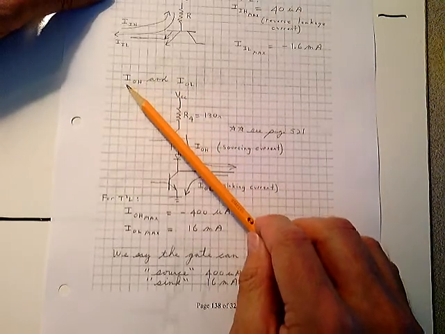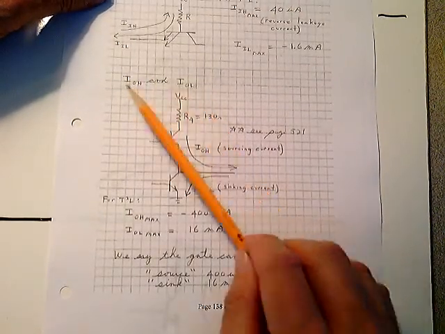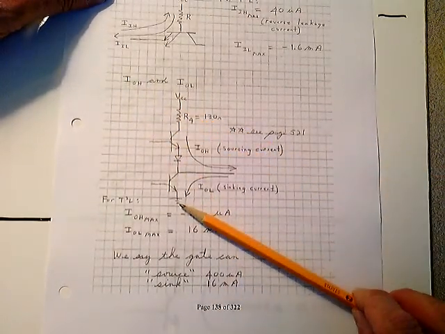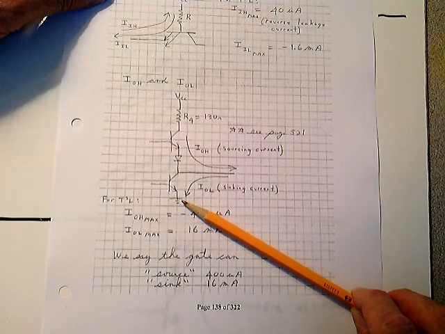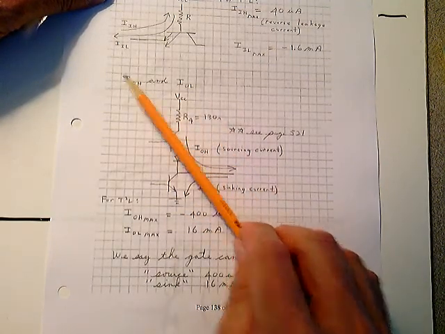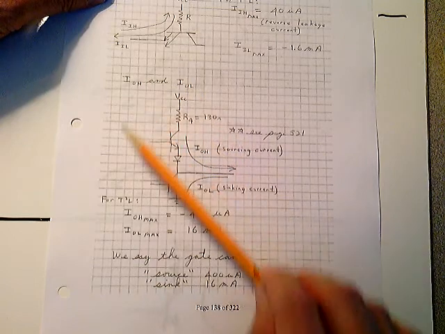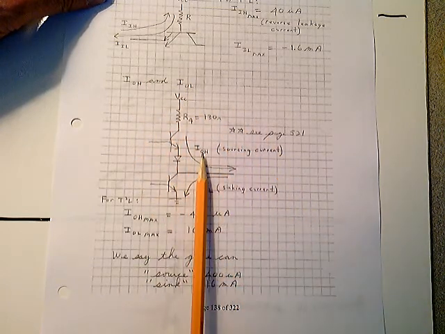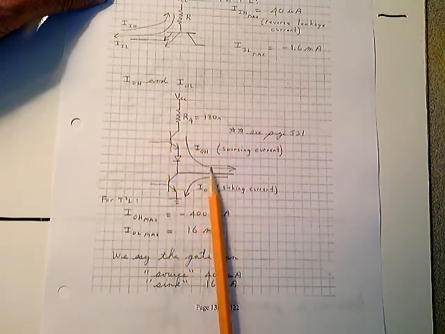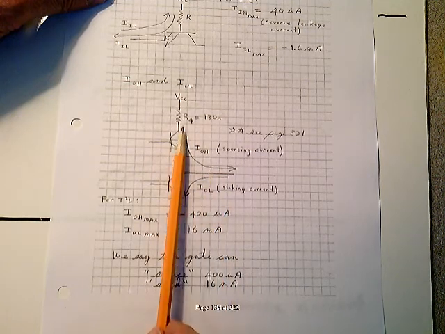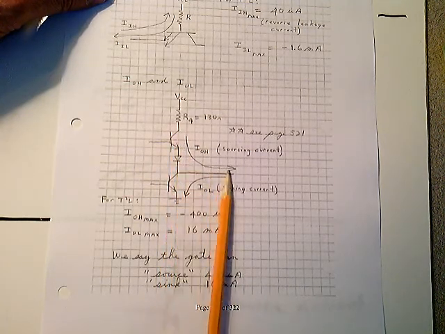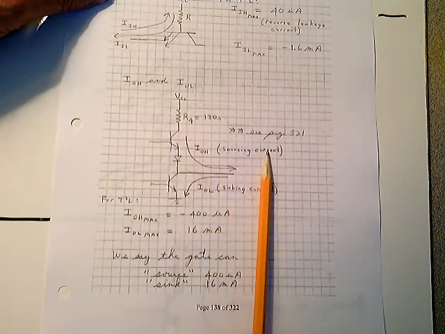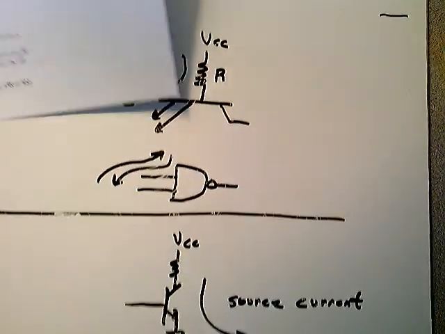And if you look down here, I'm going to talk about IOH and IOL. We're talking about output now. We're looking at the totem pole output. High level output current and low level output current. When I show you a high level output current, when this state is high and that current is coming down this way, it's called a sourcing current. That's this current here.